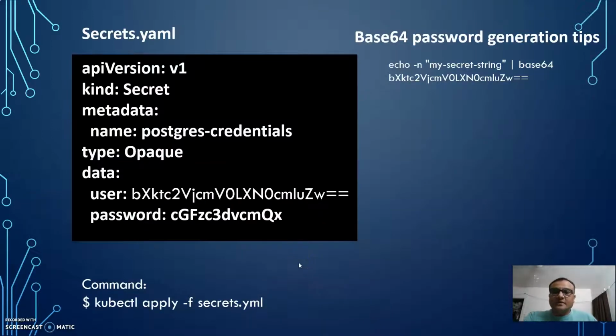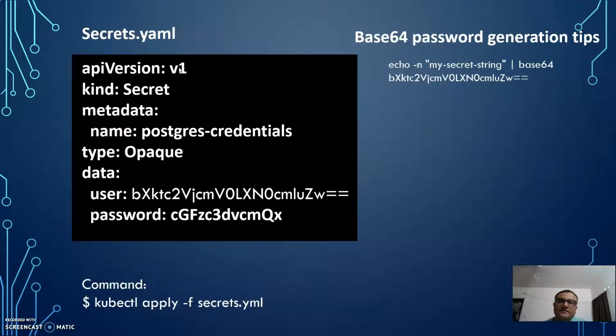So this YAML we can use to store the secrets on Kubernetes. This is the Postgres credential YAML with API version 1.